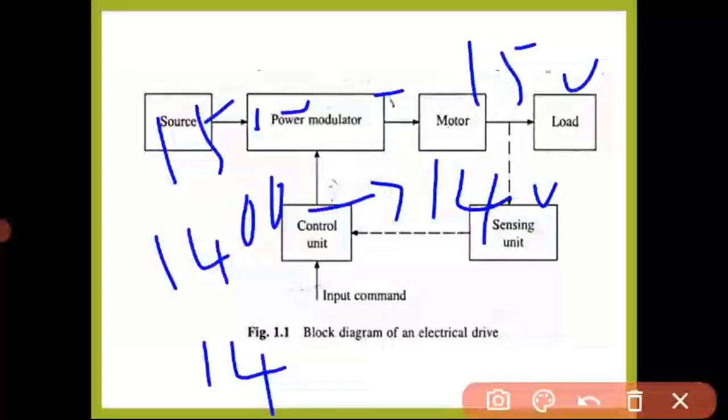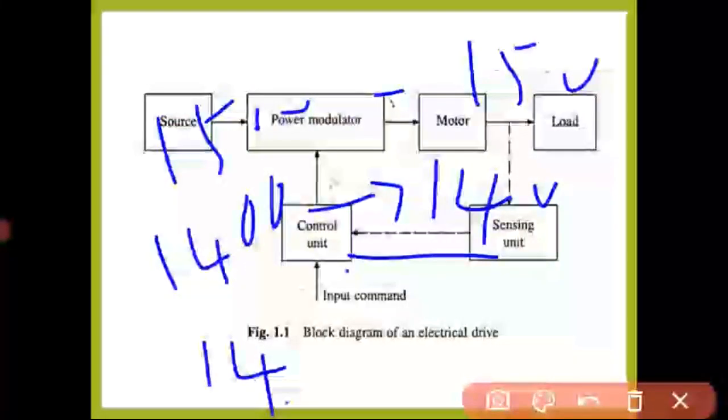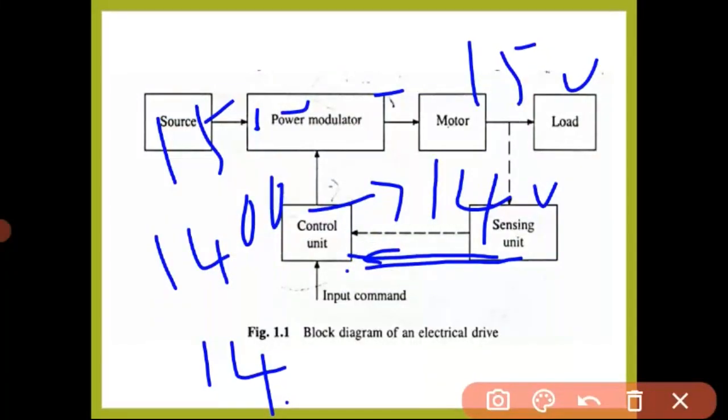So this information is given to the control circuit, and the control circuit checks how much the difference is. The sensed voltage is 14 volt, and the reference voltage is 15 volt, because 1500 is my reference. The difference is 1 volt, am I right? This is nothing but the error voltage.